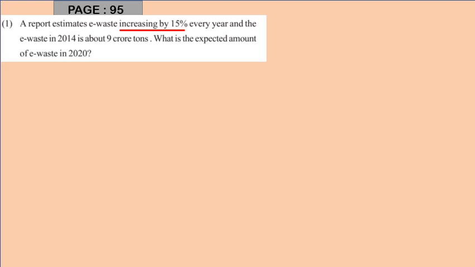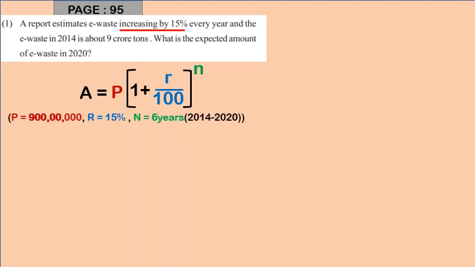So let us use the formula A equal to P into 1 plus R by 100 all raised to N. Here P is the e-waste in 2014, that is 9 crore tons. And R, annual rate of increase, is 15%. N is the number of periods, that's from 2014 to 2020. So we get 6 years.